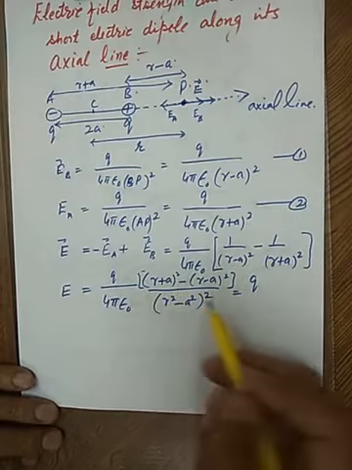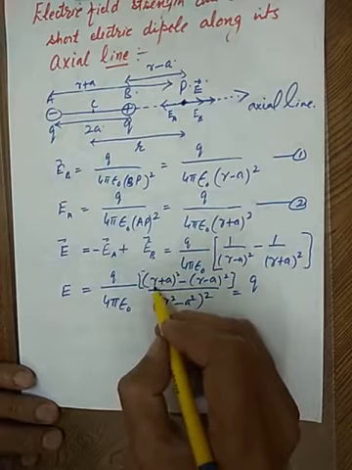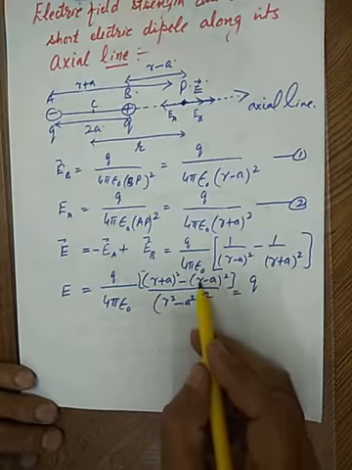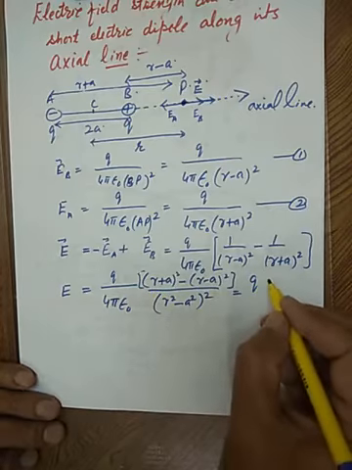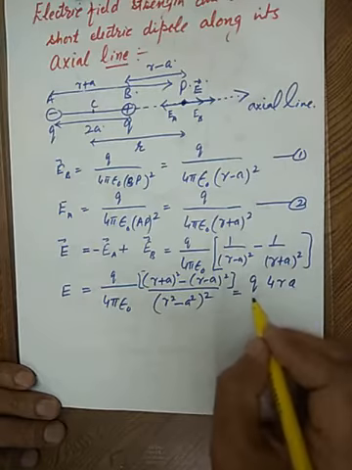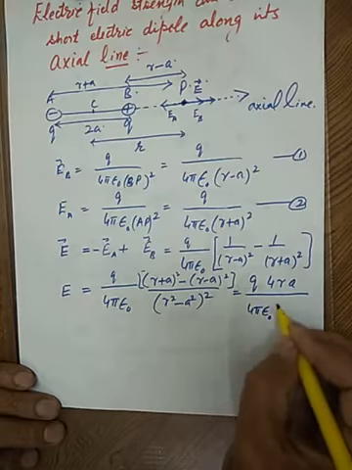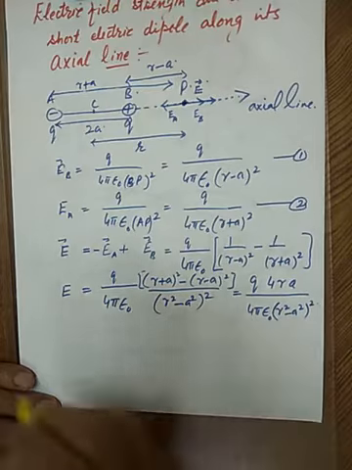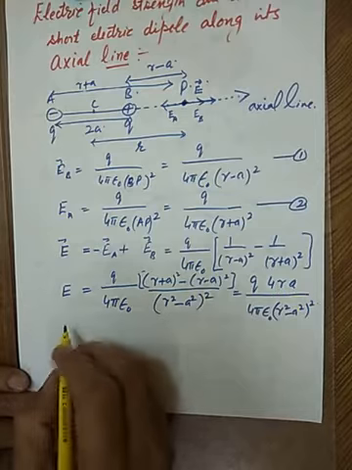In both terms it gets cancelled. The only remaining factor is 2ra in the first, and also plus 2ra in the second. So 2ra plus 2ra is equal to 4ra, divided by 4 pi epsilon naught (r squared minus a squared) whole squared.